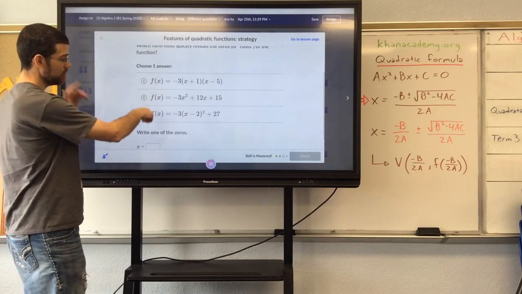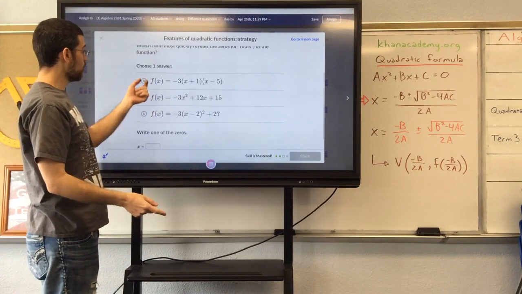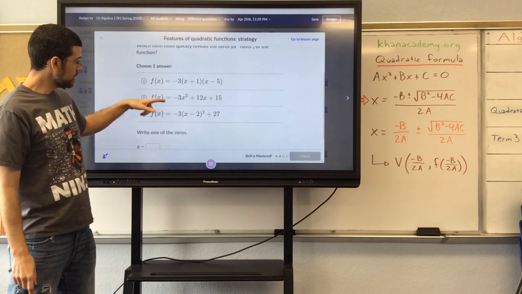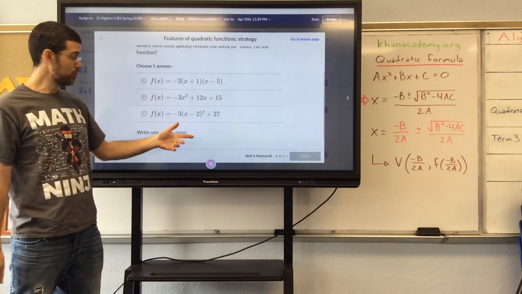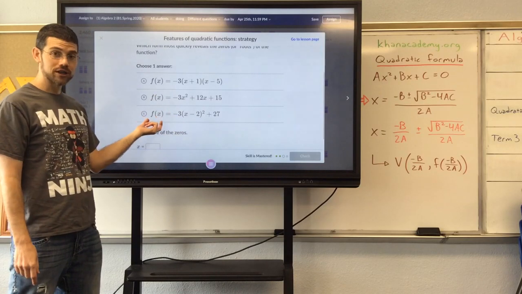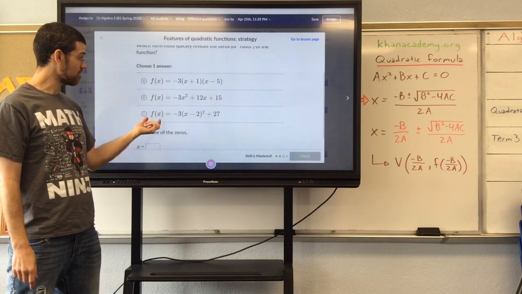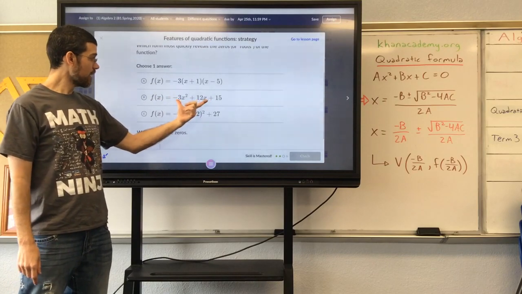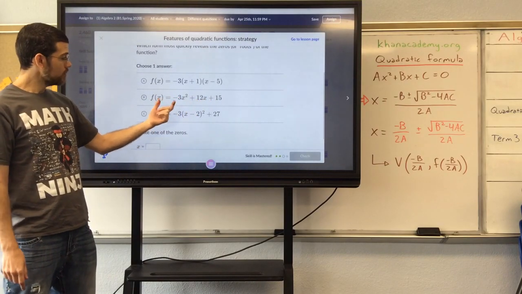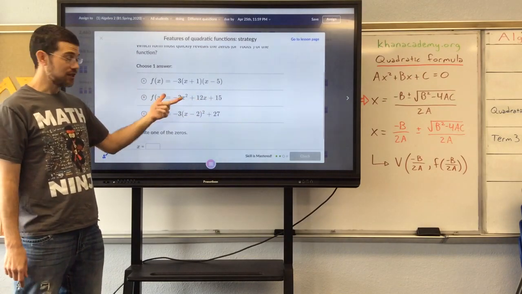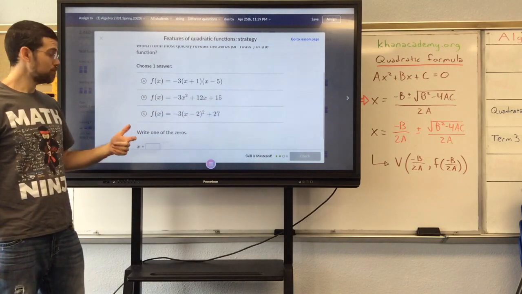So, which of these is easiest to solve for f of x equals 0? This is vertex form. It has the vertex, but it's not super easy to tell where the function crosses the x-axis from that. This is standard form. It's easy to find the y-intercept, but it's not easy to find the x-intercepts.